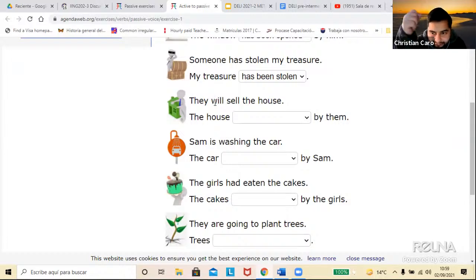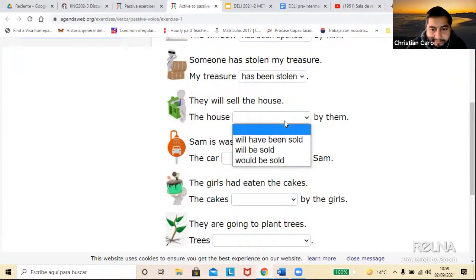Entonces ya, tenemos ese future simple. They will sell the house. Entonces tenemos que mantener en este caso el future simple, right? Por lo tanto, ¿cuál sería la mejor opción? Tenemos the house will have been sold by them, the house will be sold by them, or the house would be sold by them. ¿Ok?